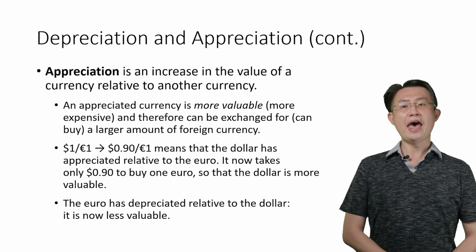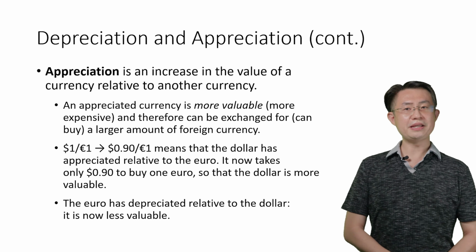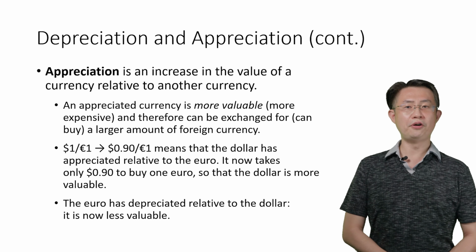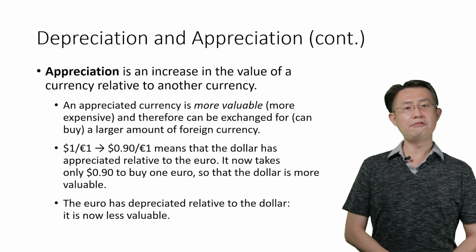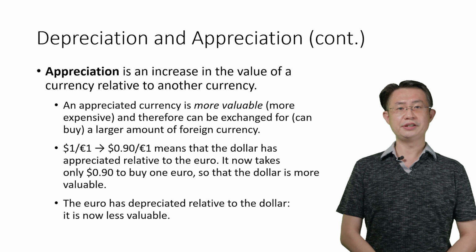So an appreciated currency is more valuable or more expensive, and therefore can be exchanged for a larger amount of foreign currency. I will give an example to illustrate the point.